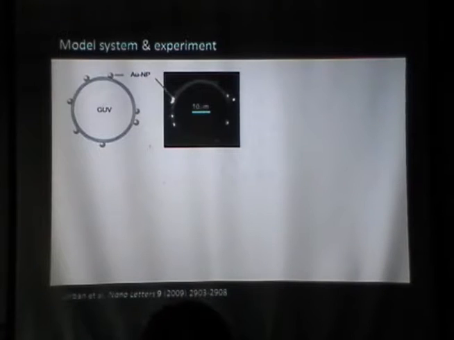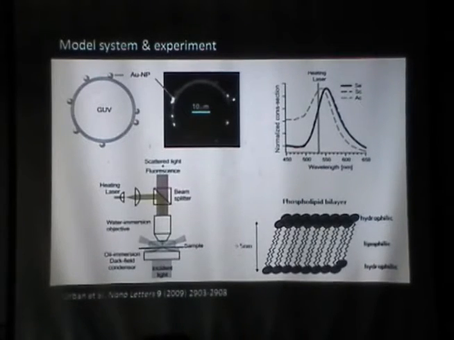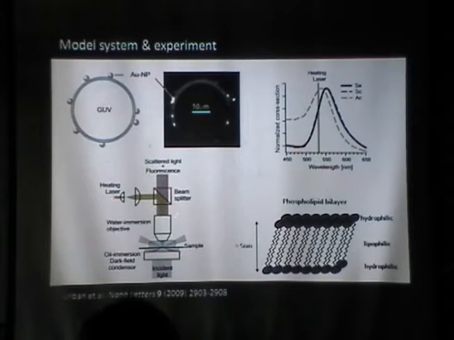Here it looks wide, it's just because of the resolution of the microscope. But it's a very thin membrane, and we put nanoparticles that are quite large, 80 nanometers here. Okay, and we will detect the things with a dark field microscope, like I explained to you before, and we add to that microscope now an additional laser that we use to heat up the nanoparticles. So the setup is very simple.